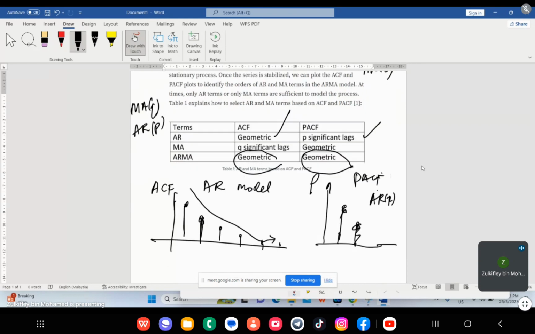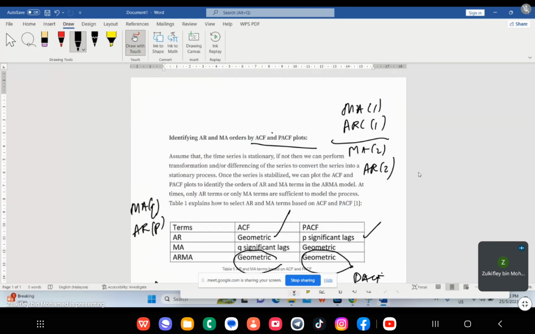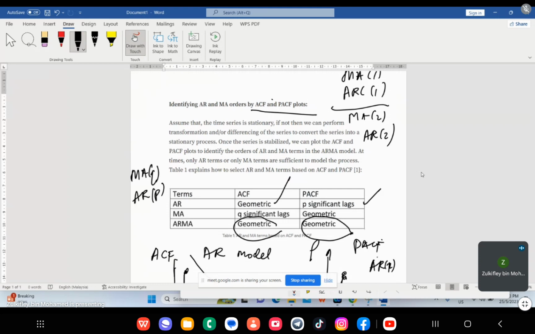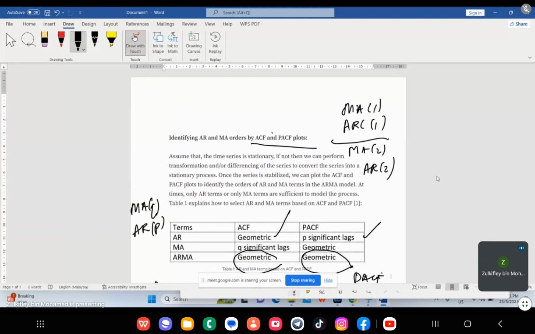So hari ini saya telah habiskan mengajar anda MA1 dan MA2, bagaimana nak mengenal pasti dia punya model-model tersebut dan bagaimanakah kita proof formula MA1 tadi. So, for MA1 function, dia punya rho mestilah korelasinya mestilah kecil, kita boleh estimate provided the absolute value of rho must be less than 0.5.